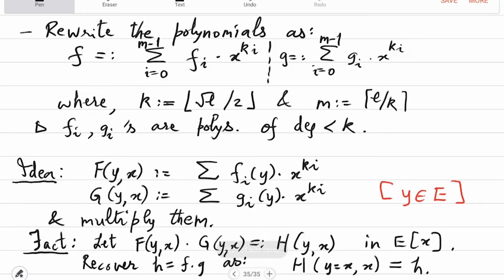So the modulus may lose some information. But in this case, it actually does not lose any information. The reason is that small y has individual degree only less than k, which is around square root L. So when you multiply two square root L degree polynomials, you only get 2 square root L, which is still far smaller than L by 2.